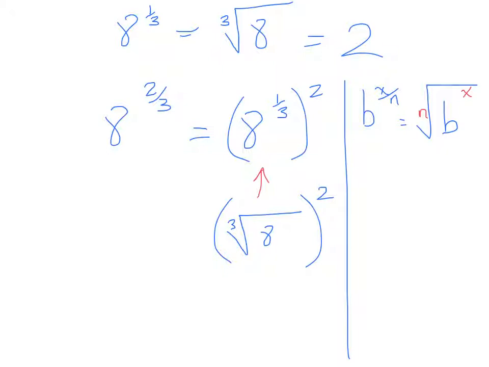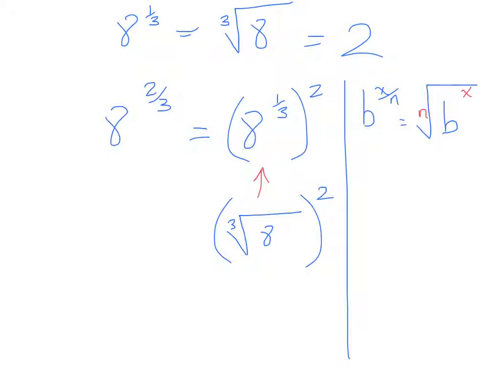Now take a look at this. In this case, I put the exponent outside of parentheses. Over here, I put it inside the radical. It doesn't matter, actually, if it goes outside of parentheses or inside the radical. It could have gone outside of parentheses here. All right, so let's just look at a bunch of examples just to make sure that you're absolutely comfortable with this.